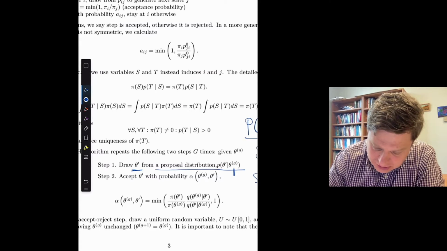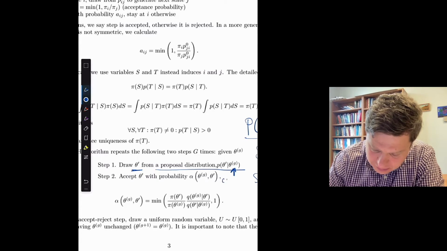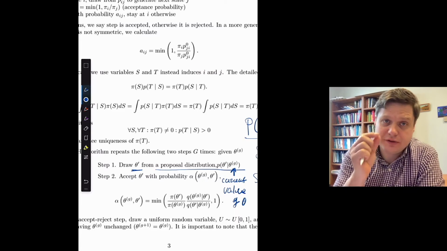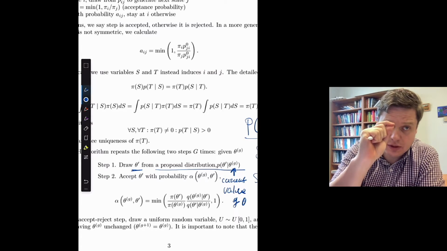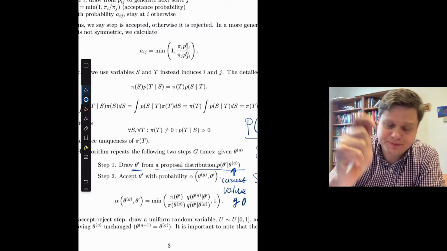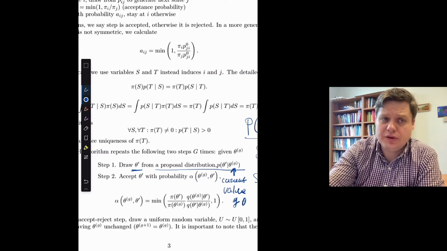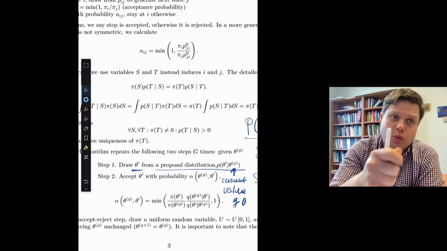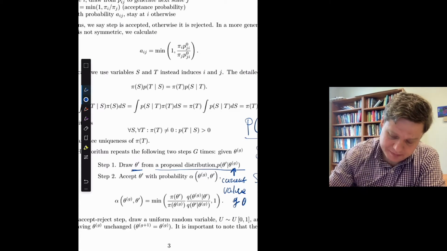So theta g is our current value of theta. You remember in a Markov chain, we take the current value and we move to the next one. And we keep doing this. In the next step, the new value of the parameter theta becomes the current one, and we move from this one to the next one.